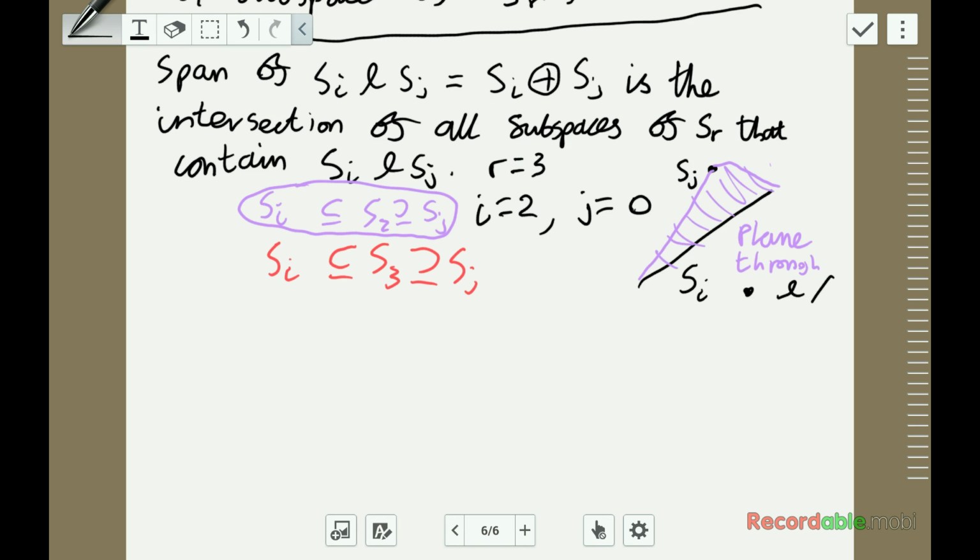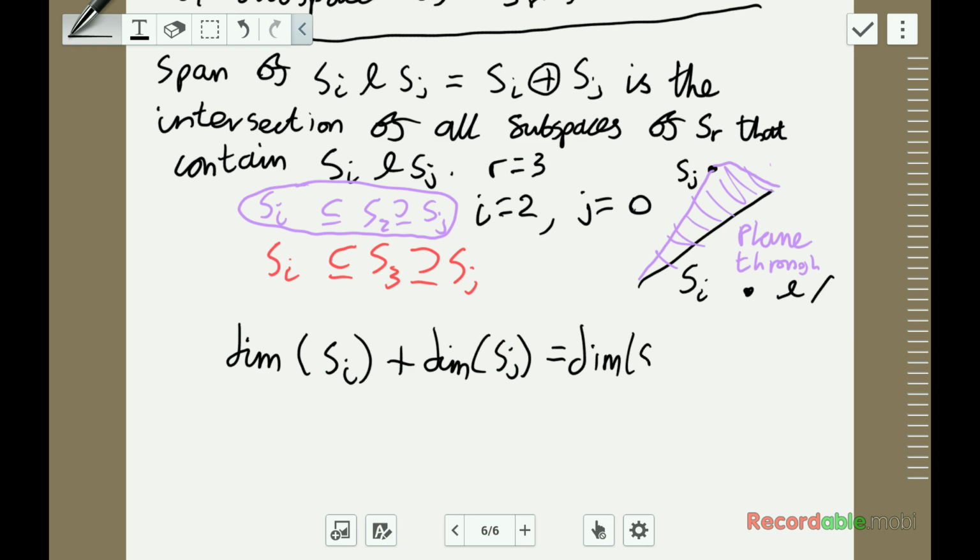It is that the dimension of SI plus the dimension of SJ is equal to the dimension of the intersection of these two spaces plus the dimension of the span of these two spaces.